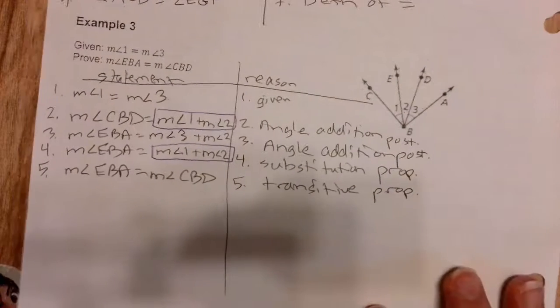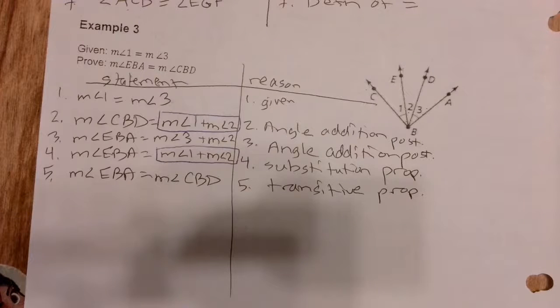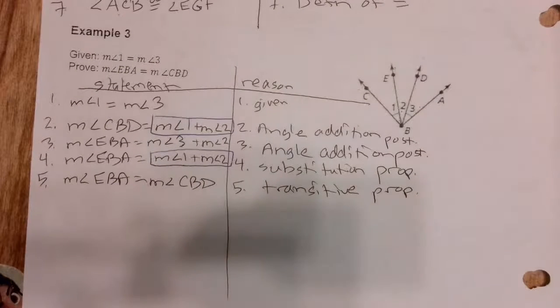Now where do we go from there? Sometimes if you can't figure out where you're supposed to go, it's because you're already where you belong. Look at line 5. Measure of angle EBA is equal to the measure of angle CBD.